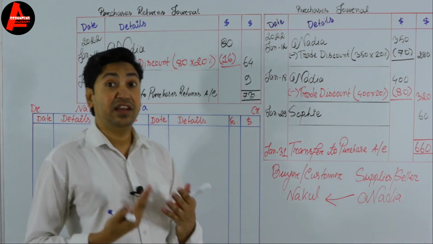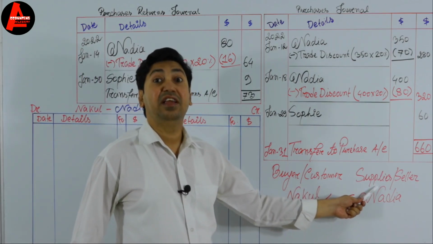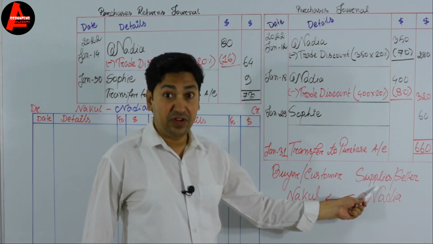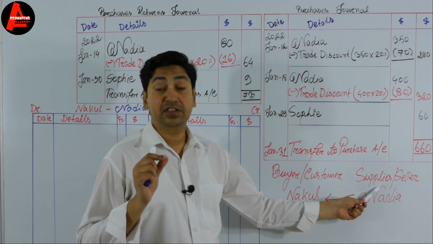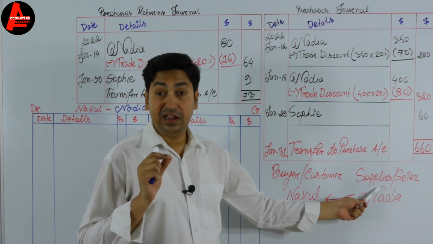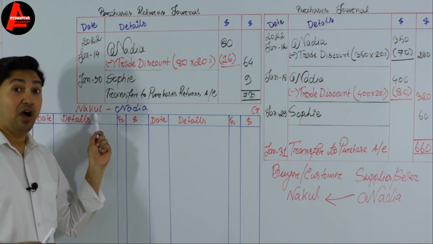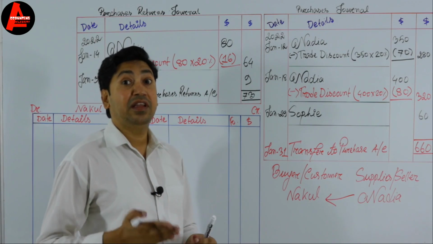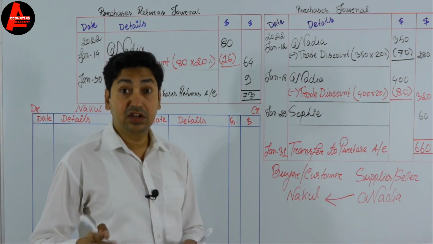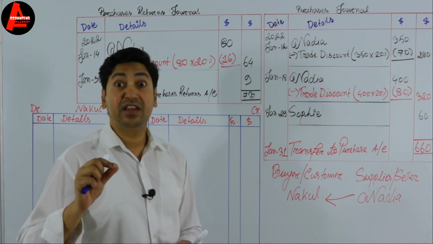Nadia's balance, the supplier's balance, is our liability. Once again, the supplier's balance will always be a liability for the business, for Nakul. Liability has a credit balance, so we will write this balance on the credit side.